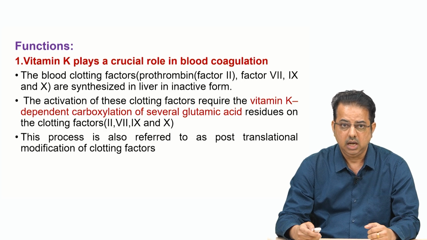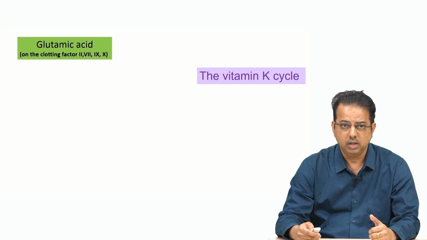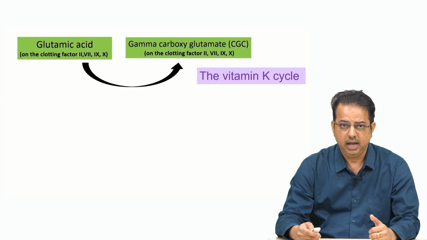Now, we shall see in a little more detail the carboxylation of glutamic acid residues. Here we have the glutamic acid on the clotting factors. Now, in the presence of an enzyme called gamma glutamyl carboxylase, this glutamic acid will undergo a carboxylation reaction, that is, a carboxyl group is added to this glutamic acid residue.